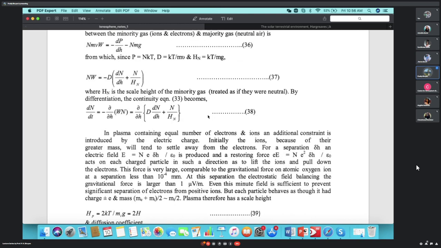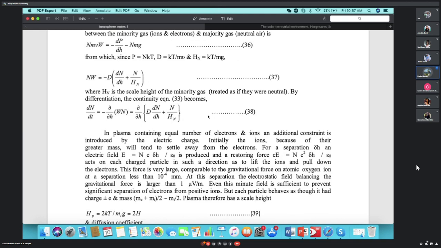As you remember from your higher secondary textbooks, a plus or minus charge will have an electric field around it, going in diverse directions.